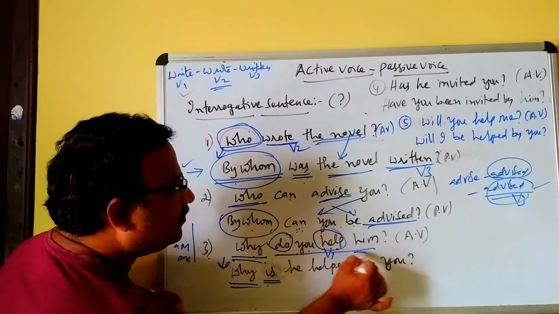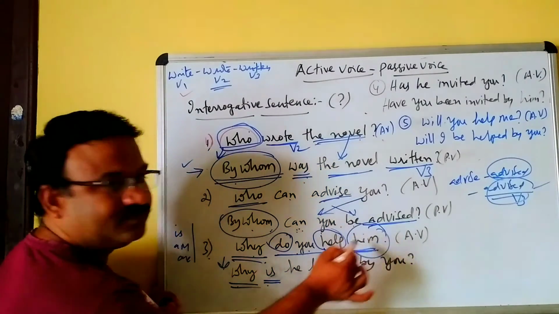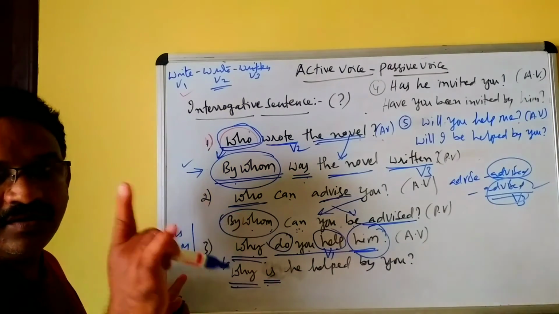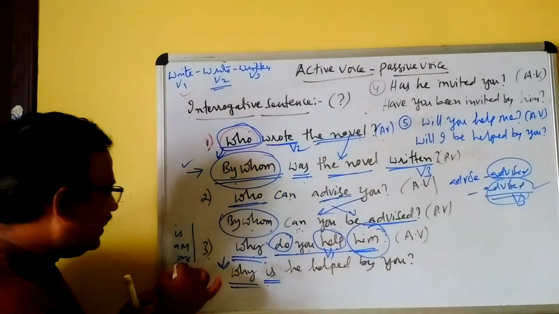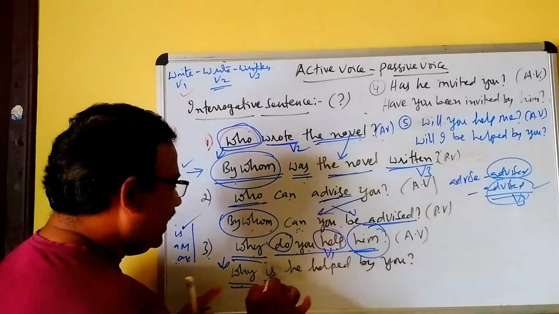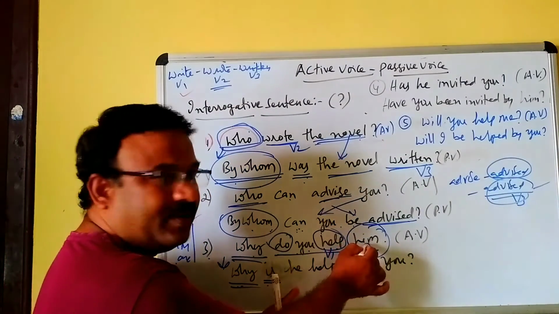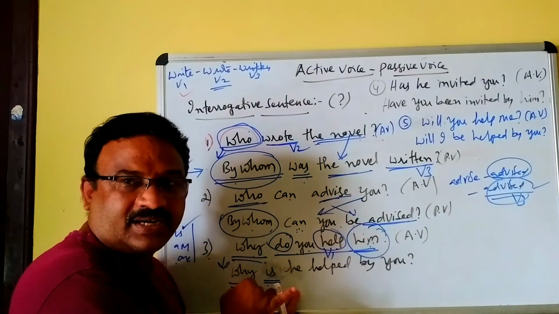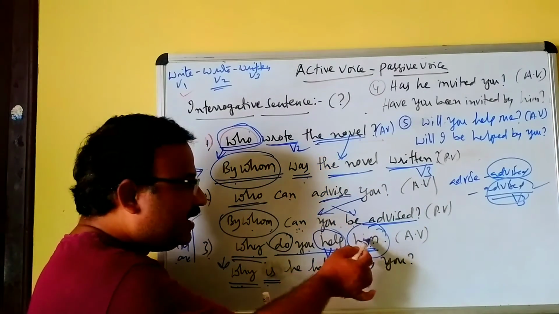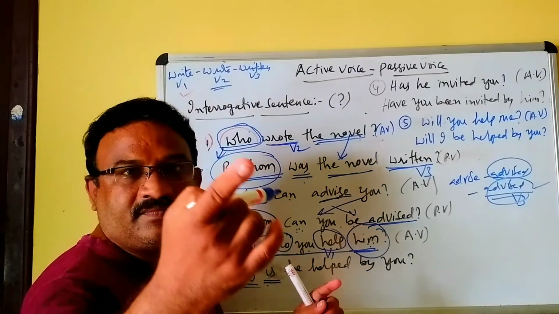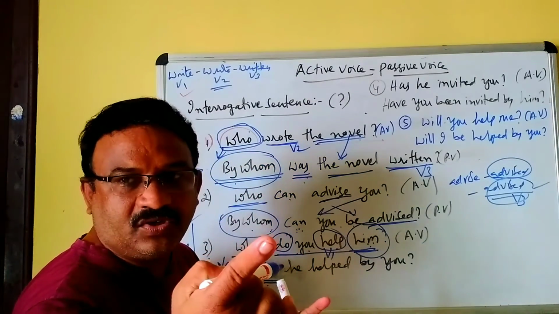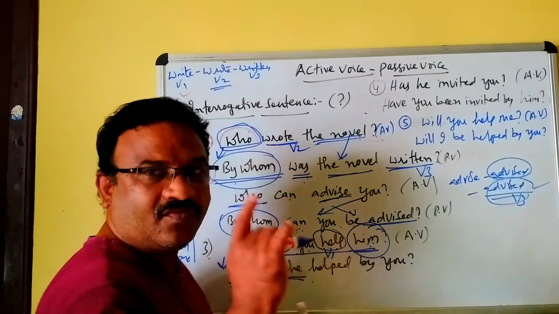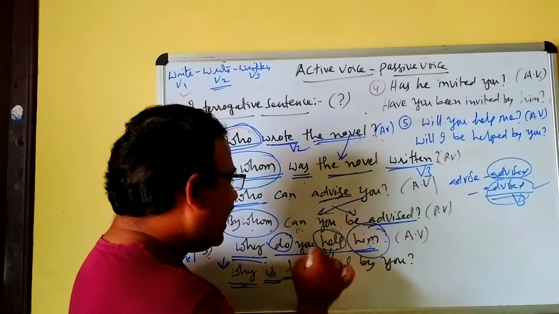But what is that? Why do you help him? Here, him is third person singular. So here is. Why is. Him, this is the object, no? When it becomes subject, him transforms into he. So why is he?